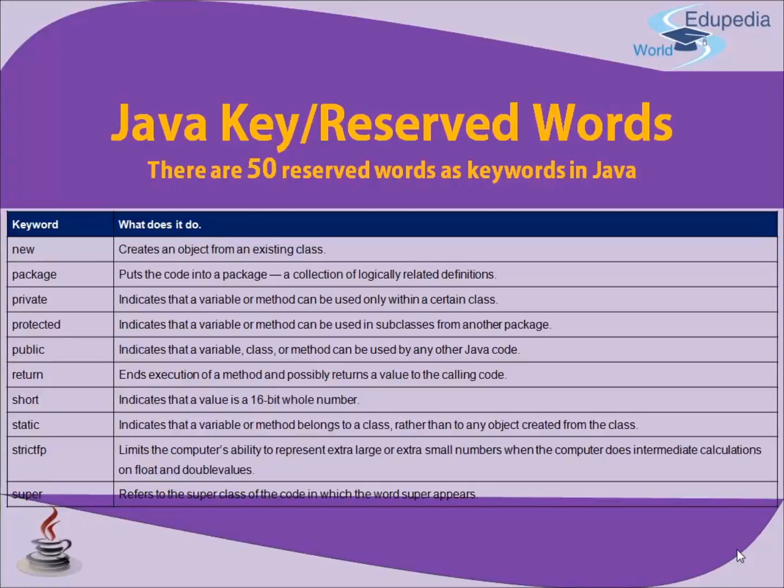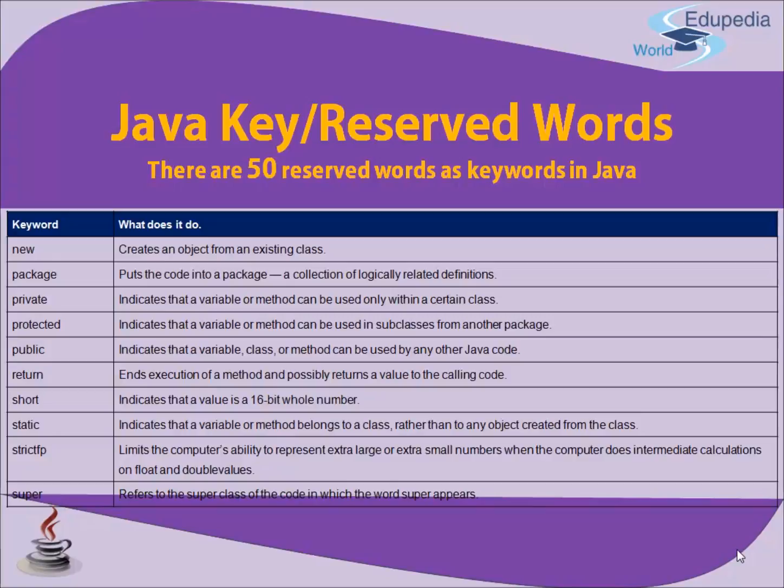You had a JButton class, I am just referencing back. So JButton jb equals new JButton. You have to remember that. Then you have package. This is the very first line of the program where you include this, which puts the code into a package, a collection of logically related definitions.